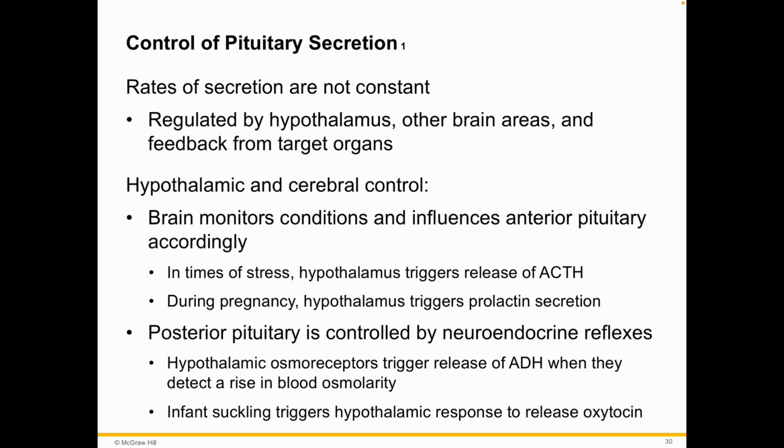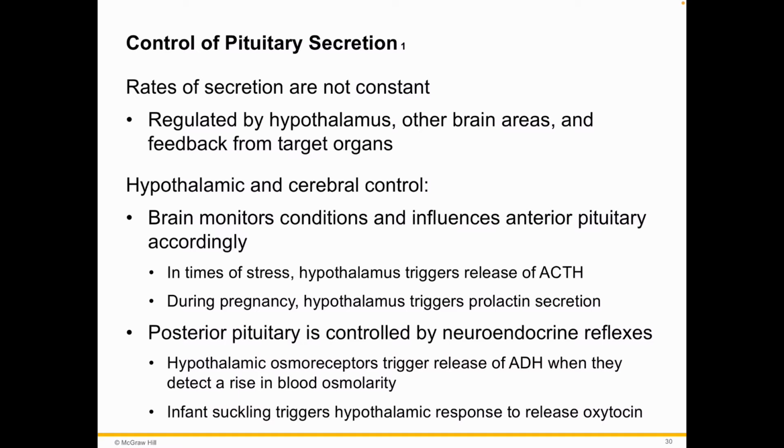So the control of pituitary secretion is kind of cyclical. It's not usually being maintained constantly. It's responsive, or it's helping get through a certain type of process of development, for example. It's regulated by the hypothalamus as well as some of the other areas in the brain that can communicate there too.